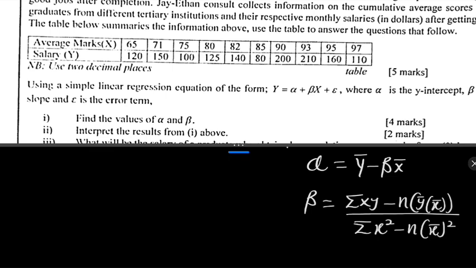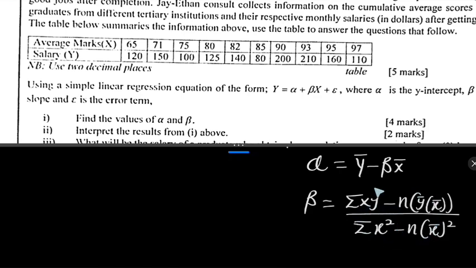This is how we come out with the slope of the regression equation: summation xy minus n times the mean of y multiplied by the mean of x, all divided by summation x squared minus n multiplied by x bar squared. So this is how you calculate the slope of the regression equation.